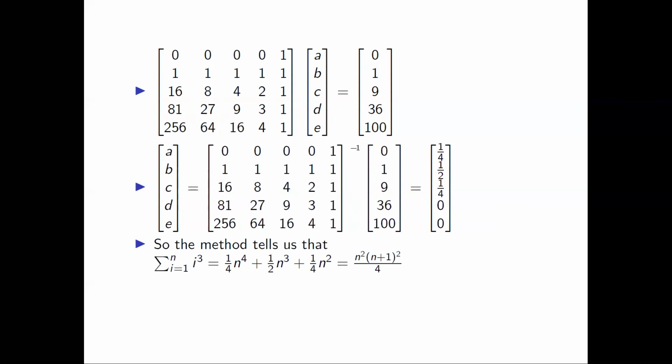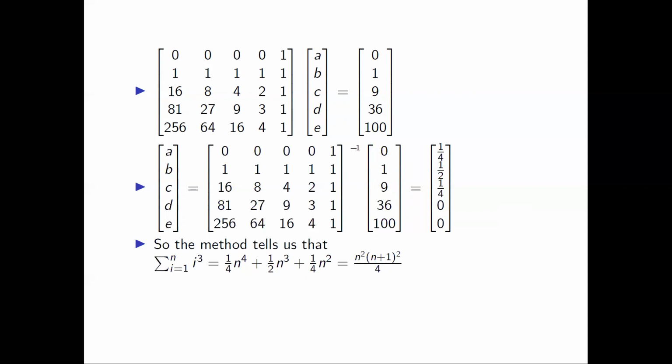So that just told us that the sum from i equals 1 to n of i cubed, assuming that it's a polynomial in n of degree 4, is going to be the polynomial 1/4 n to the 4th plus 1/2 n cubed plus 1/4 n squared. And we can write that as n squared times n plus 1 squared over 4.